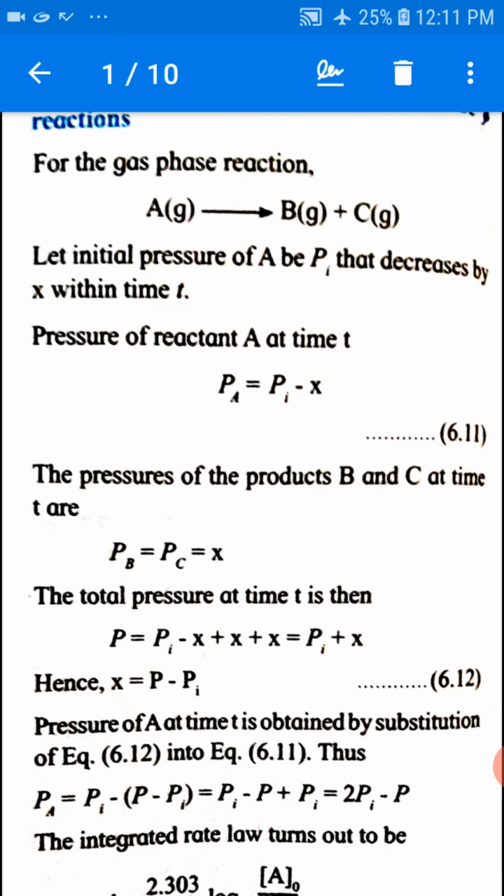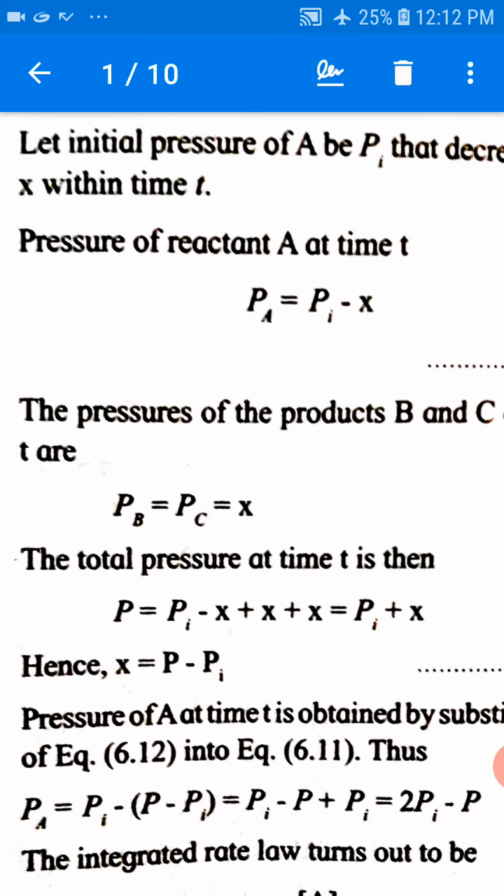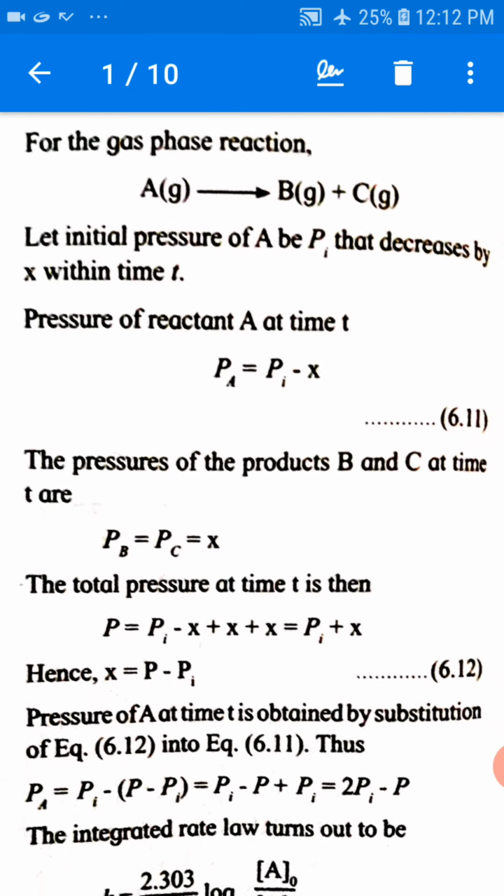minus x. So, Pa equal to Pi minus x, which is equation number 6.11. The pressures of products B and C at time t are Pb equal to Pc equal to x.